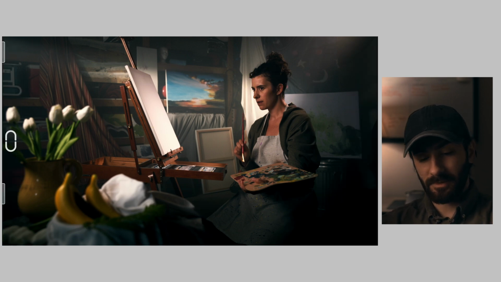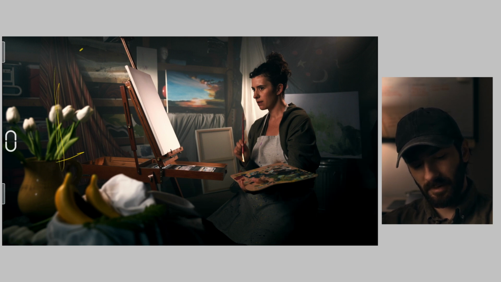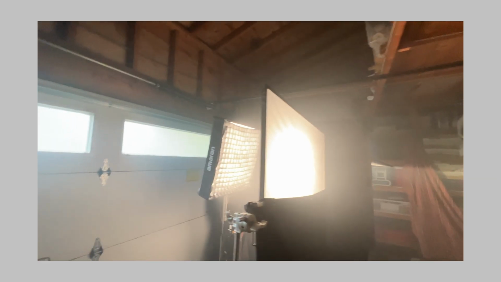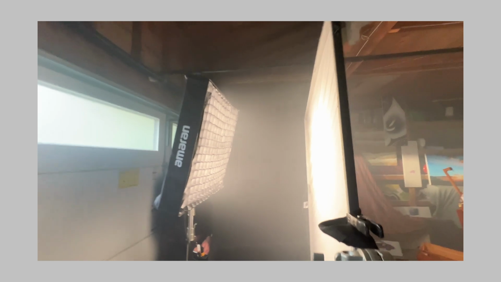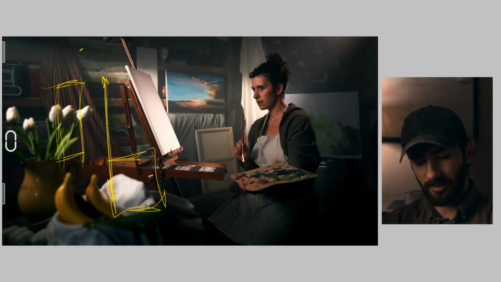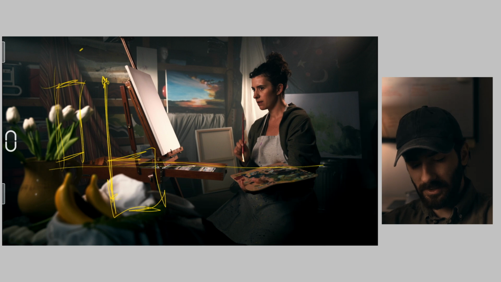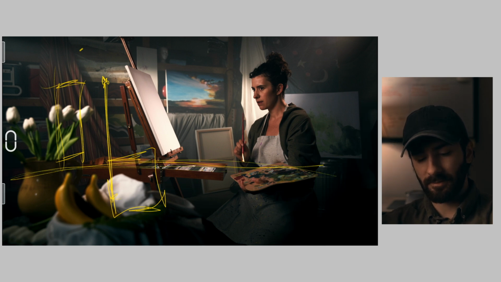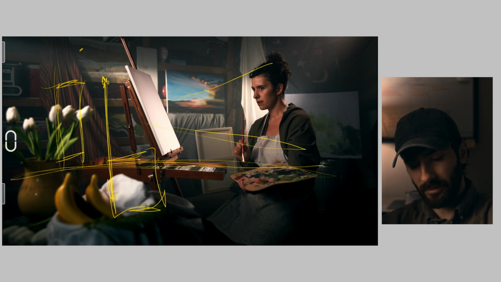In terms of sources, what we had there: F22c right here through the 4x half diffusion frame, and also a black bottomer to create the shadow right here, which allows you to put the F22c only on her at this angle.